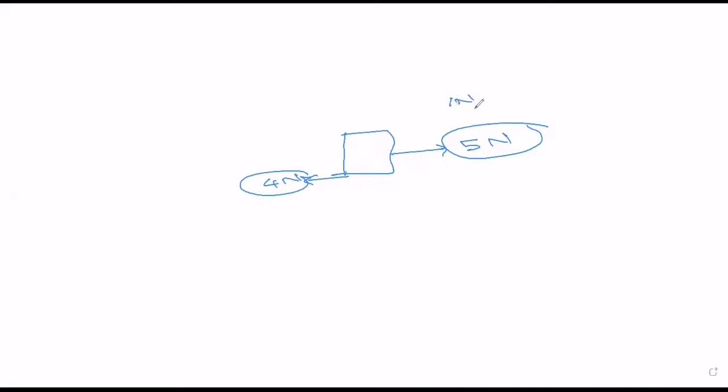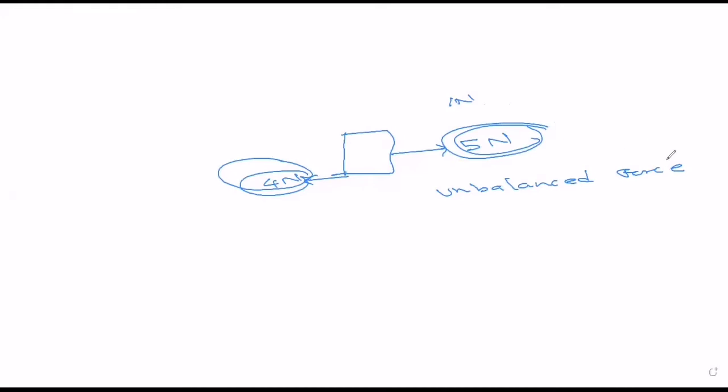Therefore, this is what we call an unbalanced force. Okay, so balanced force means that on this side and the opposite side, the magnitude should be equal. So in the balanced force, the object will not move.